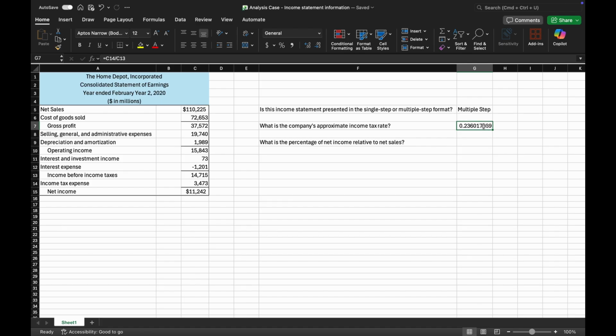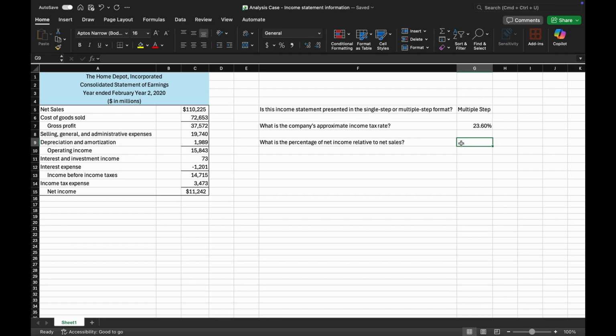That gives us this decimal, but to make it a percentage, just click the percentage button in Excel and then add two decimal places. And this tells us that the company's approximate income tax rate is 23.60%.